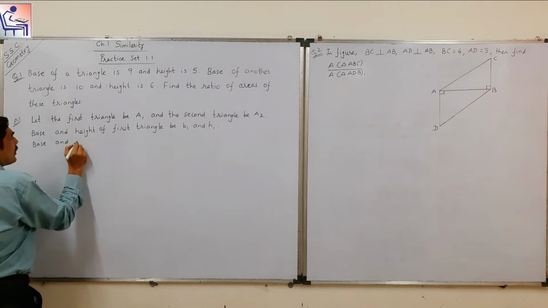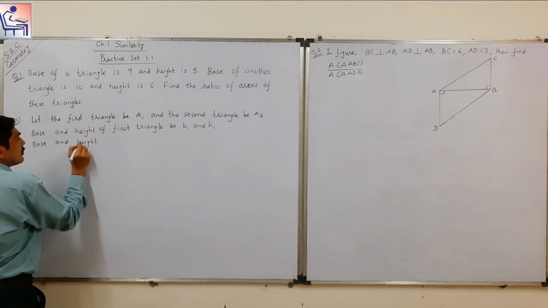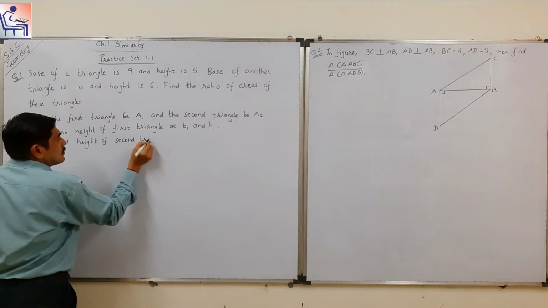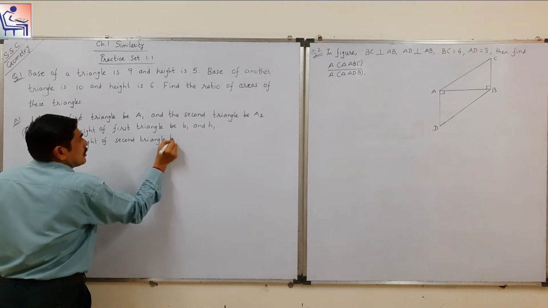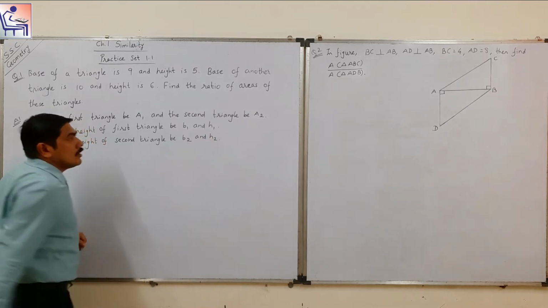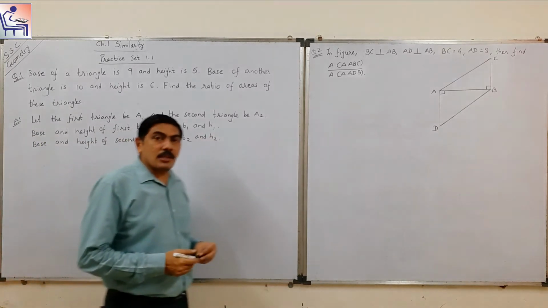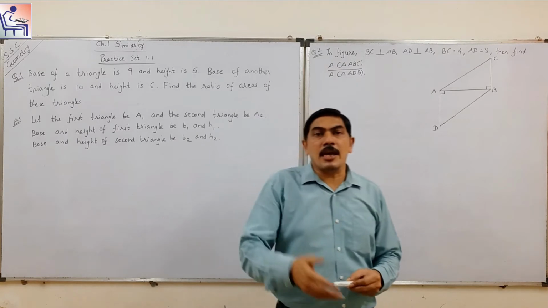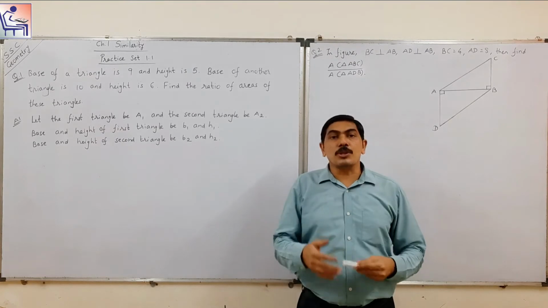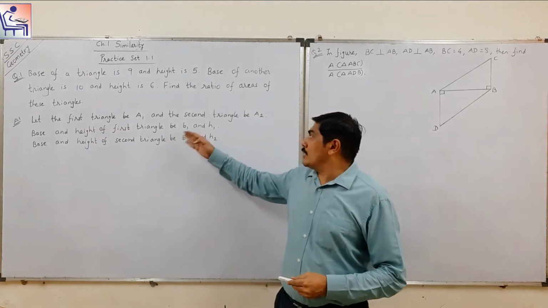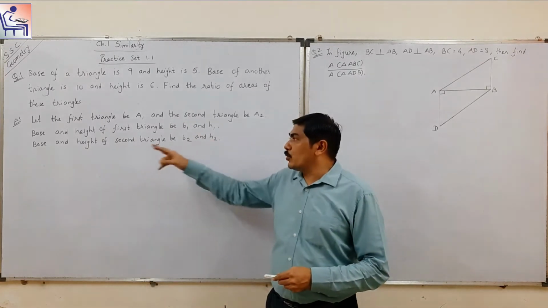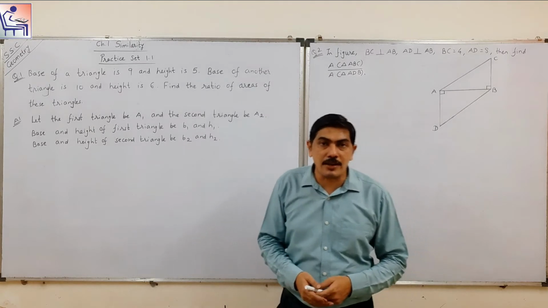Base and height of the second triangle be B2 and H2. In short, we gave names to the two triangles: A1 to the first triangle and A2 to the second. B1 and H1 are the base and height of the first triangle, and B2 and H2 are the base and height of the second triangle.